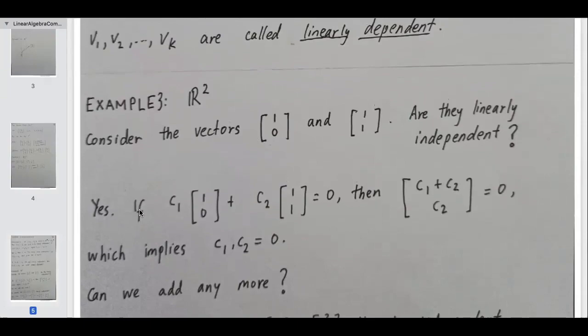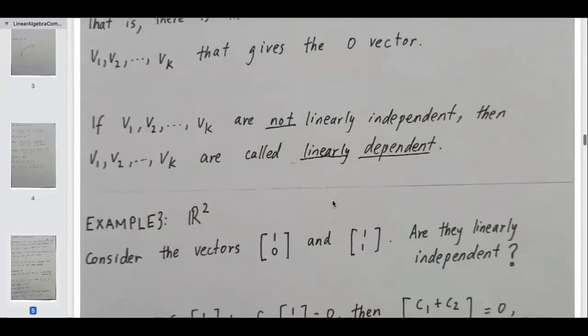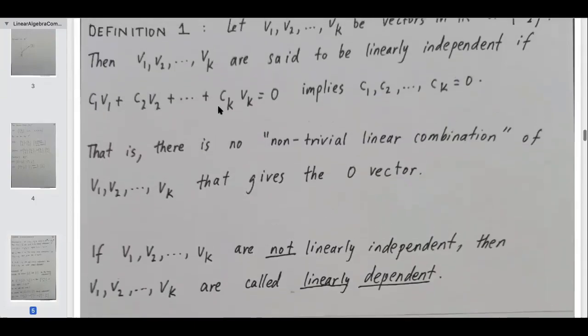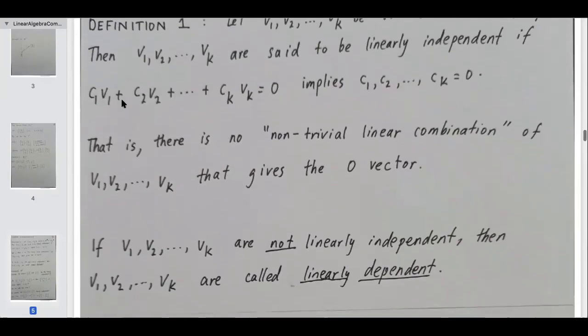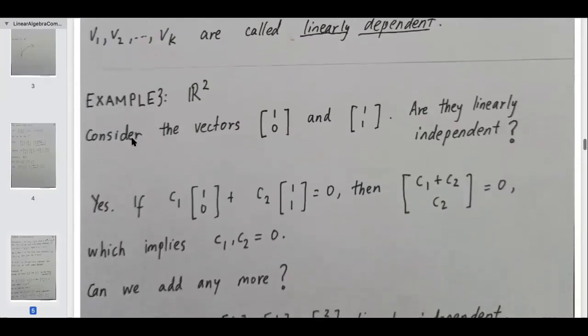By the way, these sort of combinations c1 v1 plus c2 v2 plus ... plus ck vk, where c1, c2, ..., ck are real numbers, are called linear combinations of the vectors v1 to vk. So how do we prove that these two vectors are linearly independent? If c1 times 1 0 plus c2 times 1 1 is equal to 0, then we want to show that both c1 and c2 have to be 0.